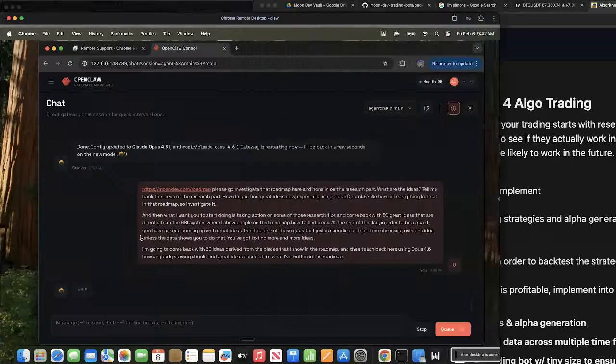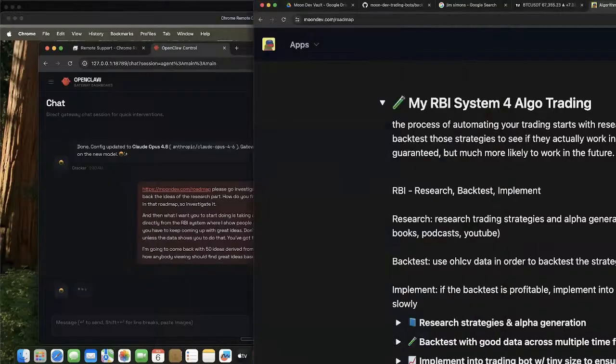So she's investigating how to do the R right now because at the end of the day, what I did is I thought I'd just learn how to code and then be a billionaire because I know how to code. I could build bots, but that was very naive thinking. So I ran it, put 10K into my first bot without backtesting it, without researching an idea. I lost that money. So what came out of that is this RBI system.